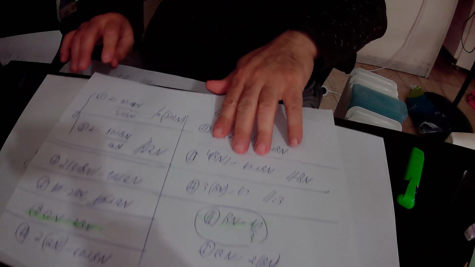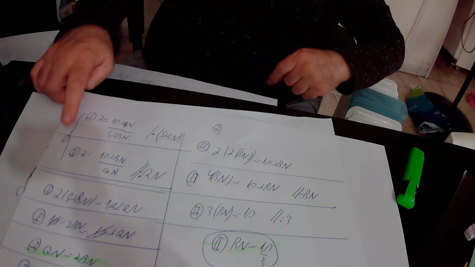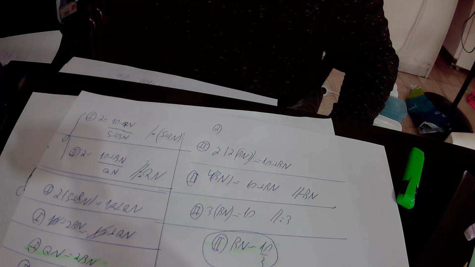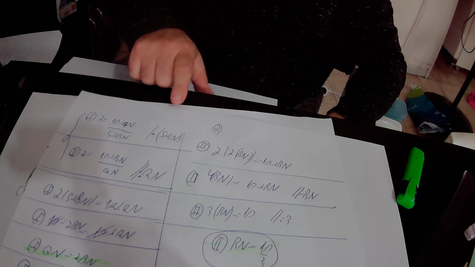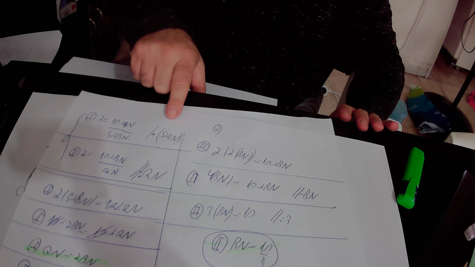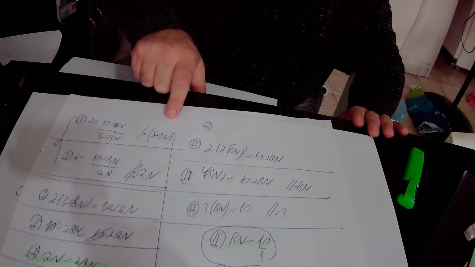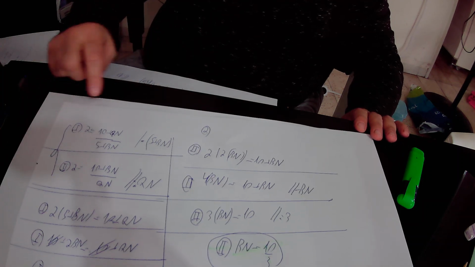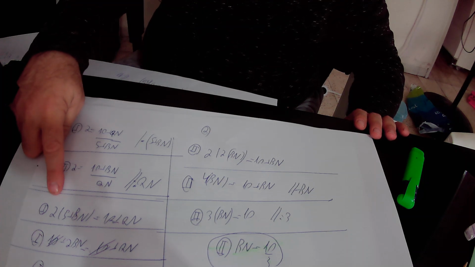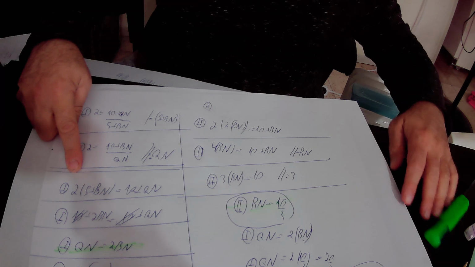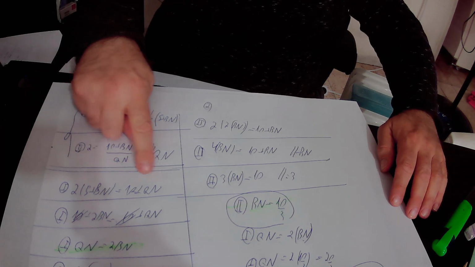So, those are the two equations that we get from the long equation. Here we multiply equation number 1 by 5 plus Bn. We found out that according to equation number 1, 2 times 5 plus Bn equals 10 plus Qn.